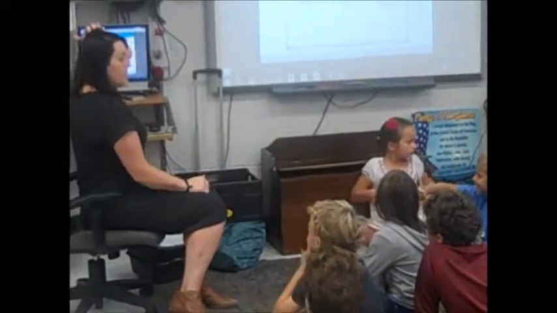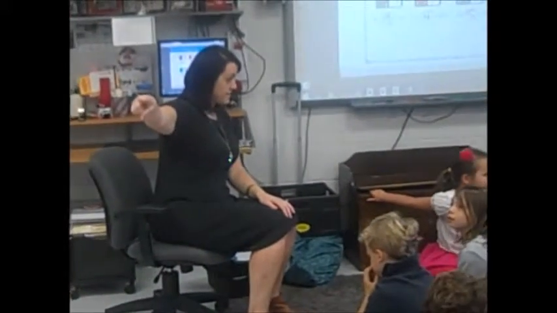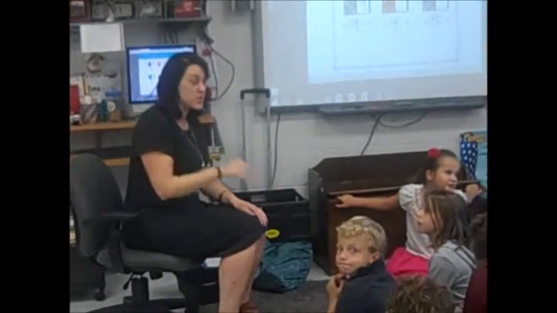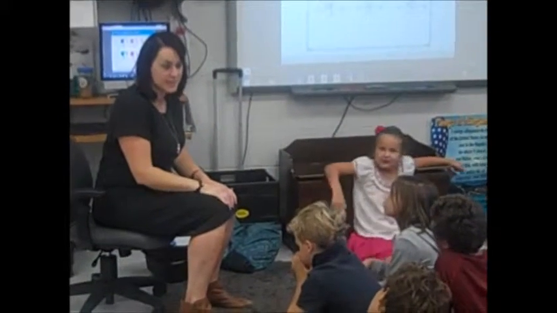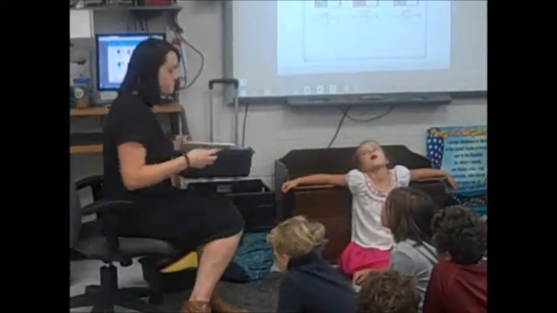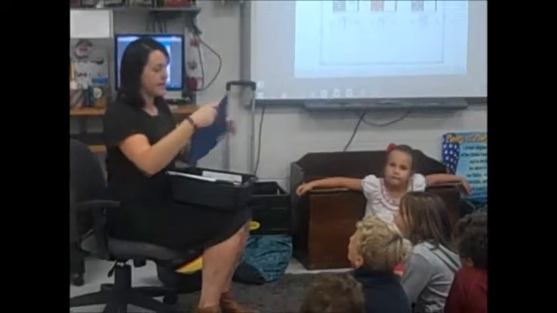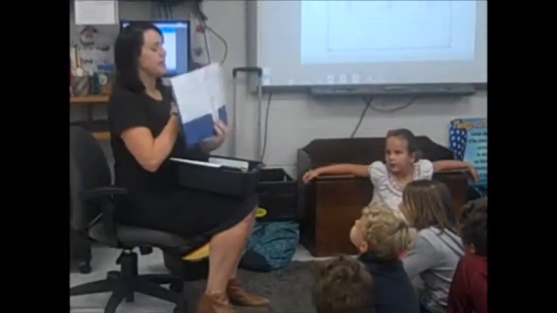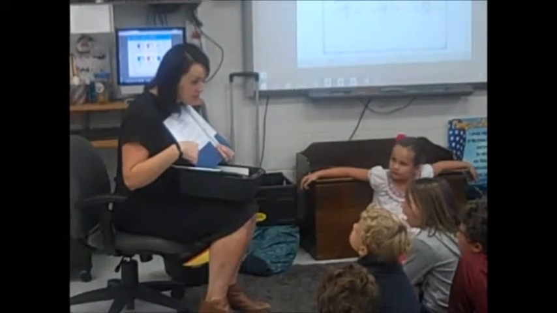The second station is going to be meeting with me, and we're going to make a news story about a missing add-in story problem. So you guys are going to get to do that with me. The third station is missing add-in story problems. So inside the folder, if you forget what you're supposed to be doing, there's some directions right here.